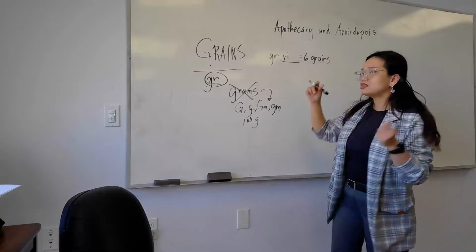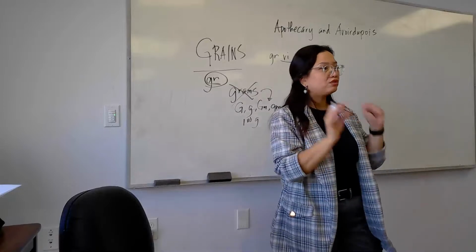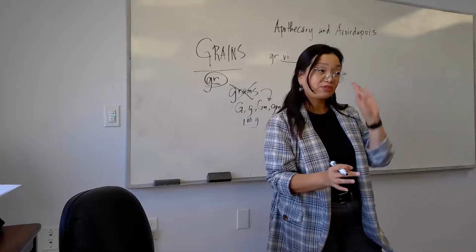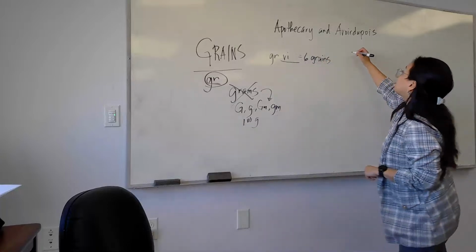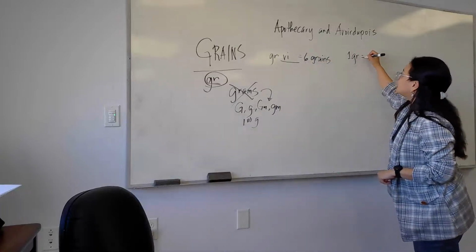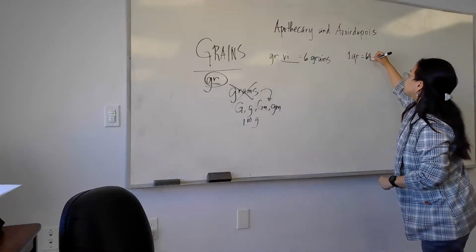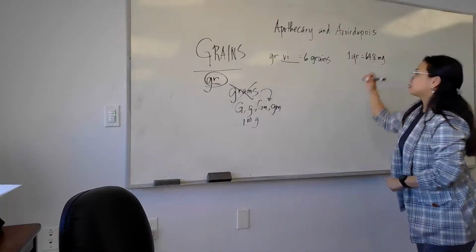What is the conversion that we use for grains to metric? There's actually 3. 1 grain, to be precise, is 64.8 milligrams.